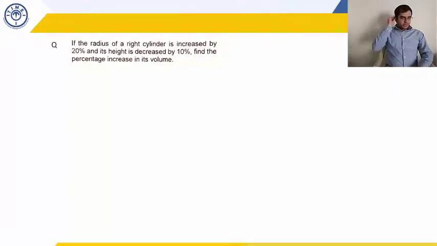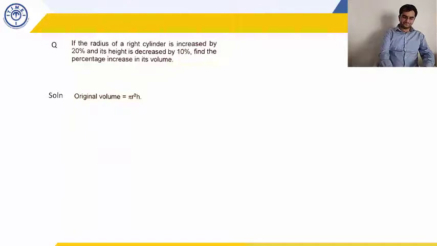In case you are getting confused about what a right cylinder is, you don't need to worry. Any question that you are given related to a cylinder is about the right cylinder. So, what is the volume of a cylinder? Pi r square h. What is the increase in the radius? 20%.